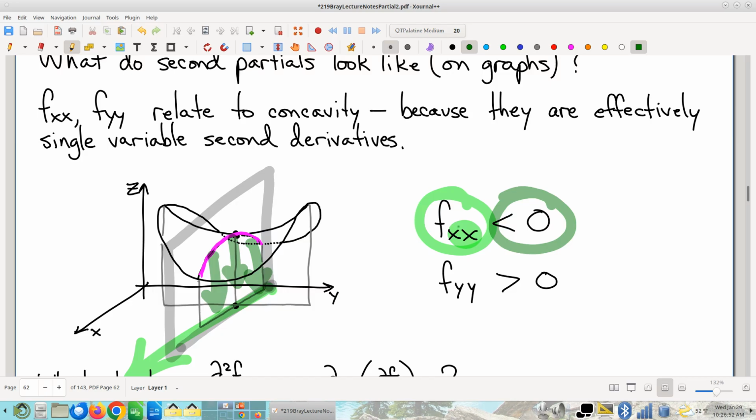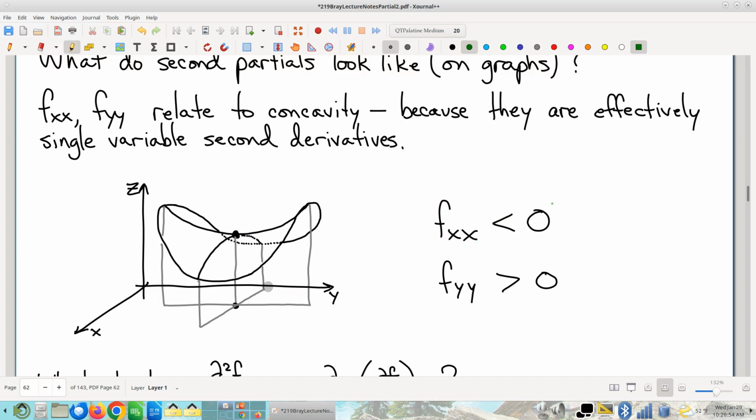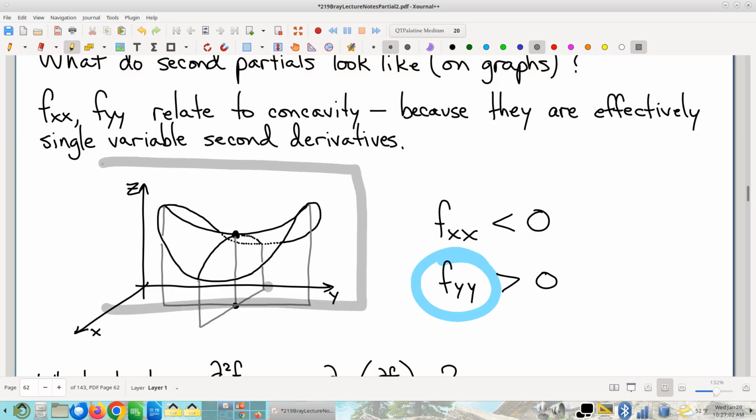You can make an analogous argument to entertain the question of how would I interpret fyy. Of course, in this context, it is x that is constant. So we're fixing and holding a single value of x. That means that the cross-section is now, again, a curve. But notice, the concavity does not have to be the same.